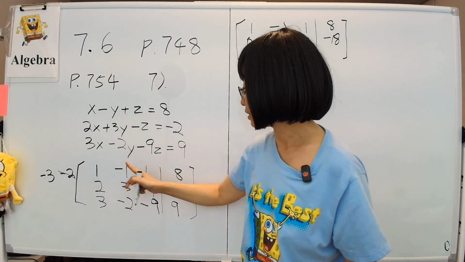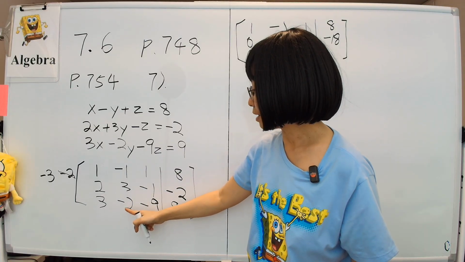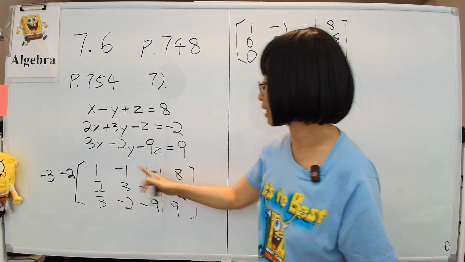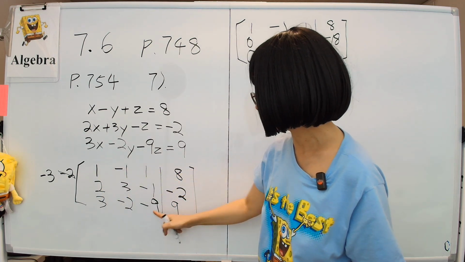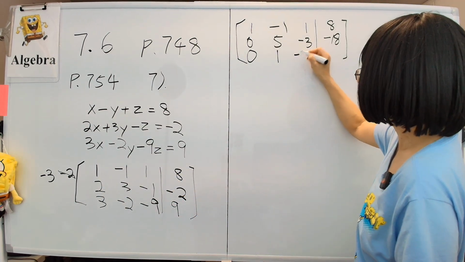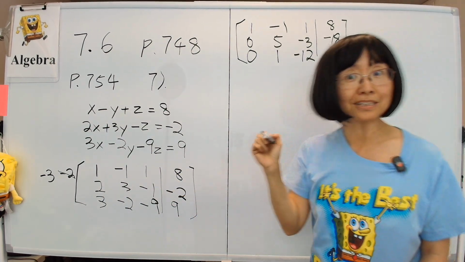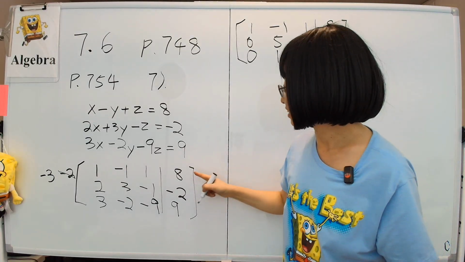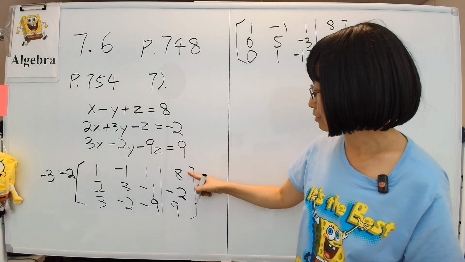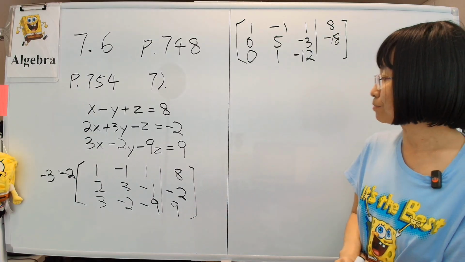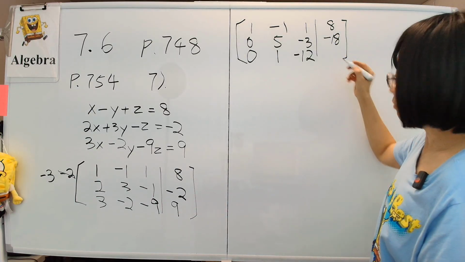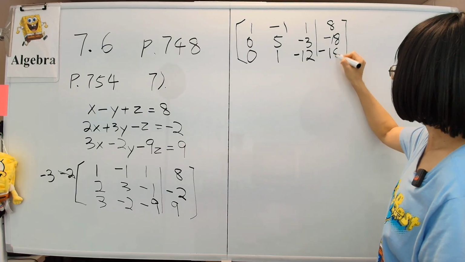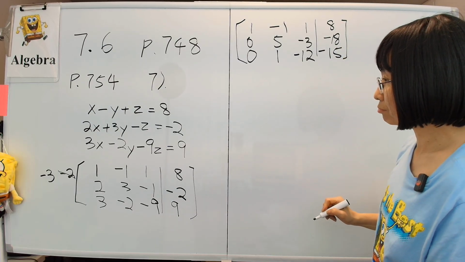This times minus 3 is positive 3, and 3 minus 2 is 1. And then 1 times minus 3 minus 9 is minus 12. See, we just continue to do this like a good little worker, okay? And then finally, 8 times minus 3 is minus 24. Minus 24 plus 9 is minus 15, I think.